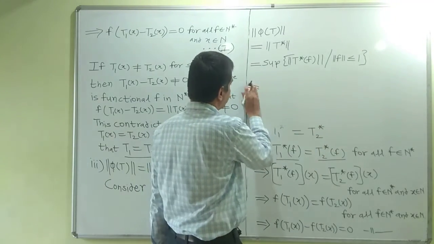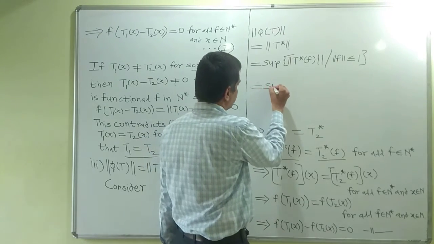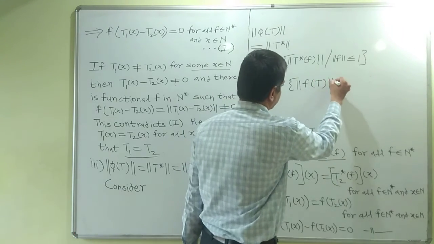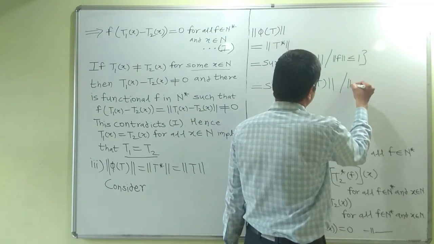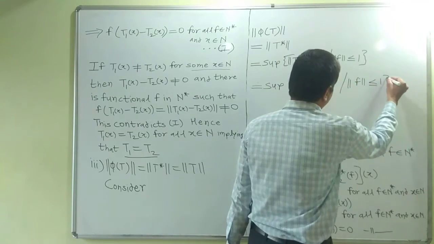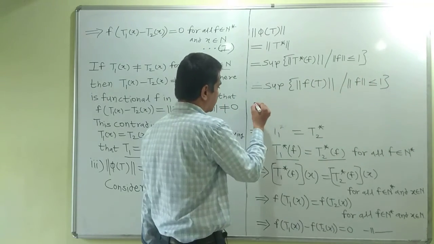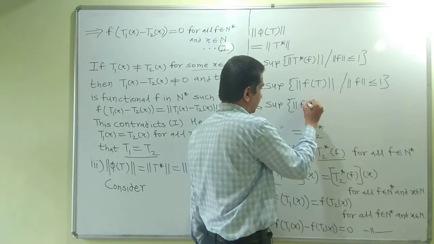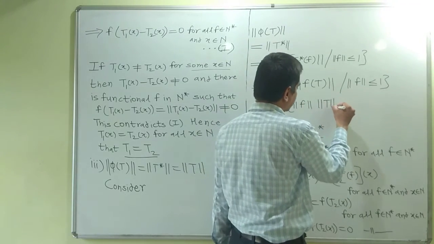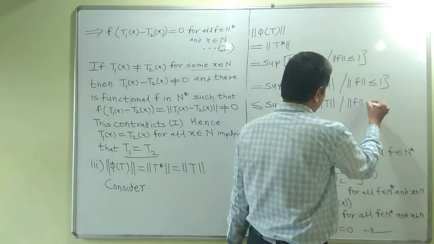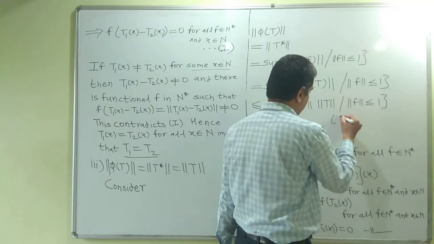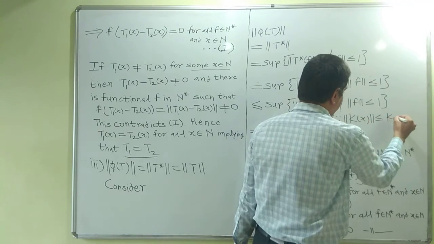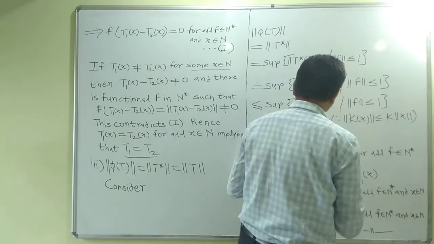This is equal to, now, supremum of norm of f of T, such that norm f is less equal to 1, and whatever result that I told you, now we can use this. So this is less equal to supremum of norm of f into norm of T, norm of f is less equal to 1, since norm of kx is less equal to k times norm of x.